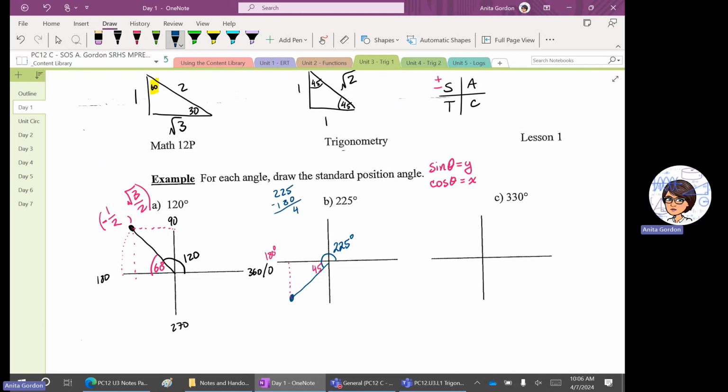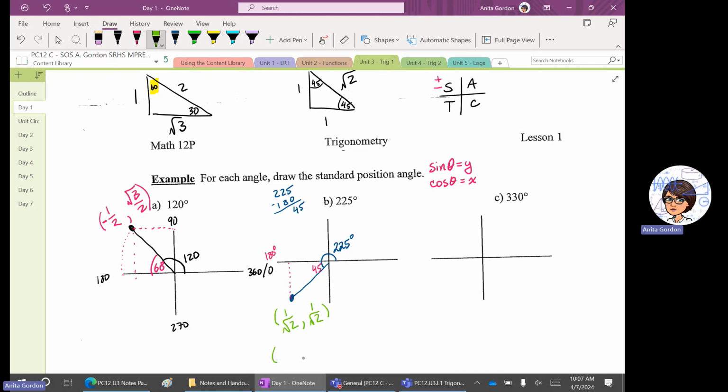What's the extra bit? It's 45 degrees. Okay, if this is 45 degrees, then I know my coordinates, here we go. The sine of 45 degrees is 1 over root 2. And the cosine of 45 degrees is also 1 over root 2.